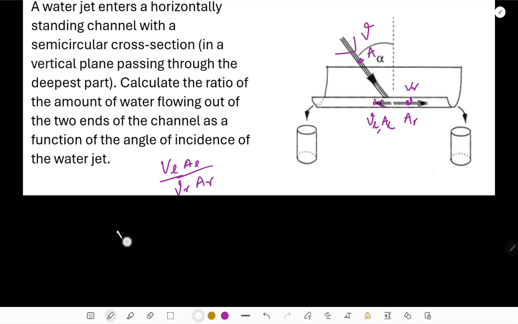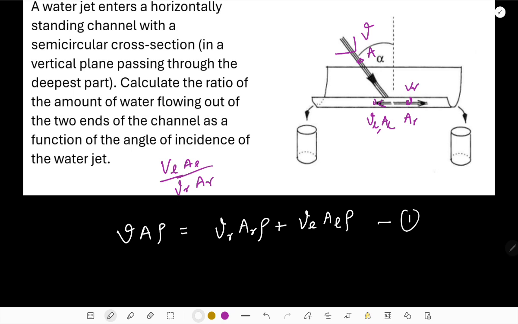Simply, incoming volume per unit time is VA, and if we multiply by the density of the water, it becomes mass of water per unit time. Incoming mass of the water per unit time from the jet here is VA rho, and it is going to divide into two parts, so I can write here VR AR rho plus VL AL rho, and this is our equation 1.